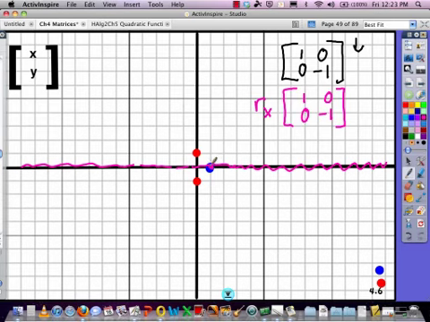We have the point 0, 1, which turns into 0, negative 1. All right, so this would be our new 2 by 2 that represents reflection over the x-axis.